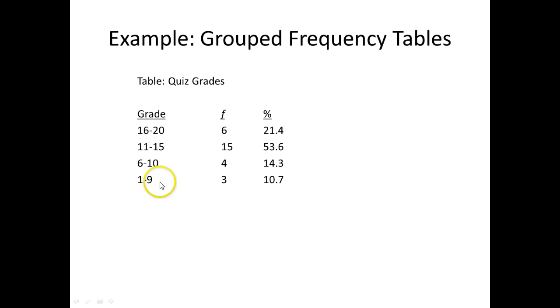Instead, what I've done is I've grouped the levels of the variable into 4 categories. Actually that's wrong. It should be 1 to 5, 6 to 10, 11 to 15, and 16 to 20. And then I have the frequency of occurrence within these categories. With that frequency, I can also get a percentage.